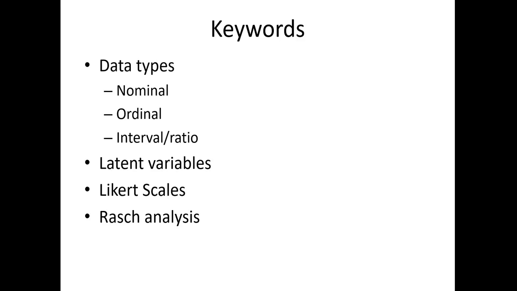So on a scale from 0 to 10, how much do you hurt? 5 is kind of in the middle, kind of an intense pain. 0 is no pain at all. And that is basically an ordinal scale. The difference between a 9 and a 10, most severe pain, is not necessarily the same as between 0, no pain at all, and 1, just a very little bit of pain.